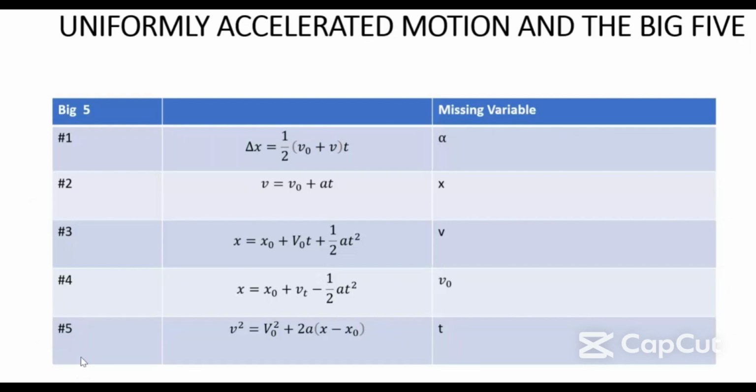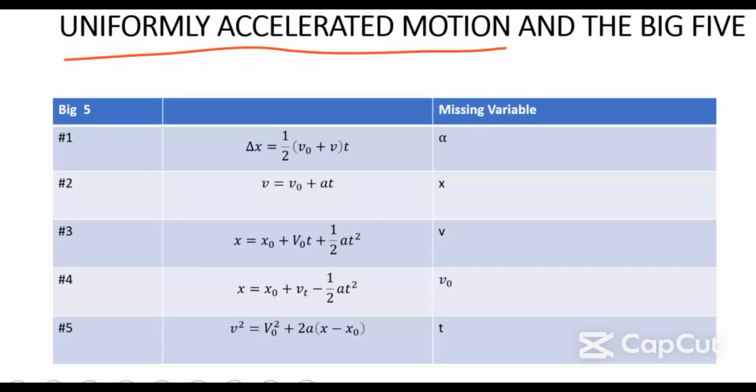Now we're talking about uniform acceleration motion and the big five. The simplest type of motion to analyze is motion in which the acceleration is constant, and it's called uniform acceleration motion.